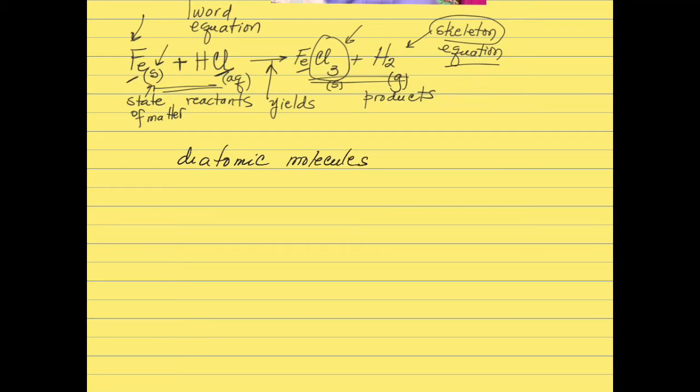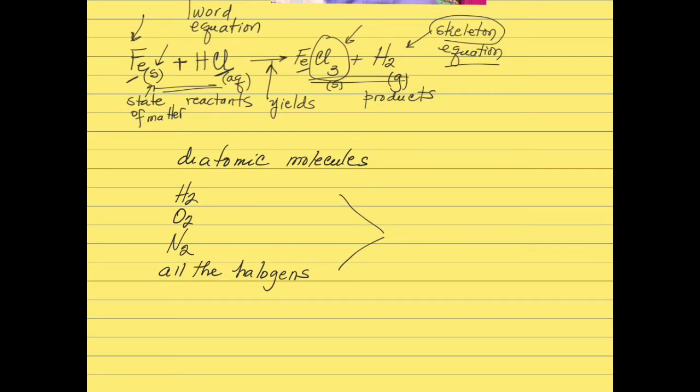Hydrogen, oxygen, nitrogen, and all the halogens. When they are in a chemical reaction by themselves, they are in the form of diatomic molecules, so you have to put the subscript in there.